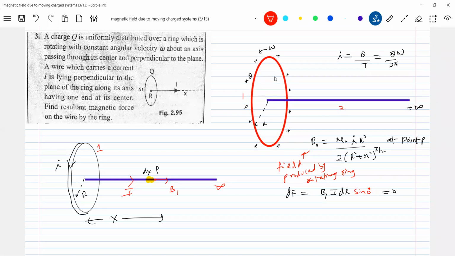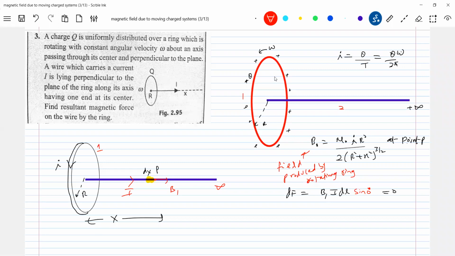So when operating any sensitive devices, they have to take care about all these particular features. Any good application problem can come. So I'm just sharing the basic idea. So this is about the rotating ring.